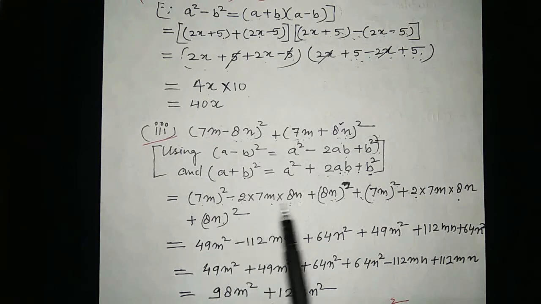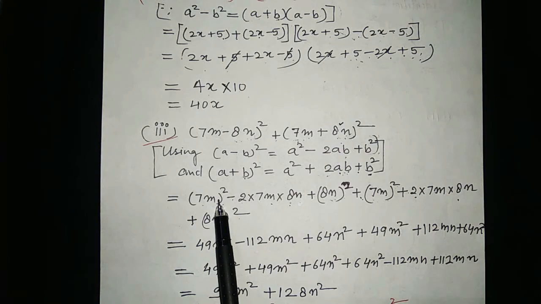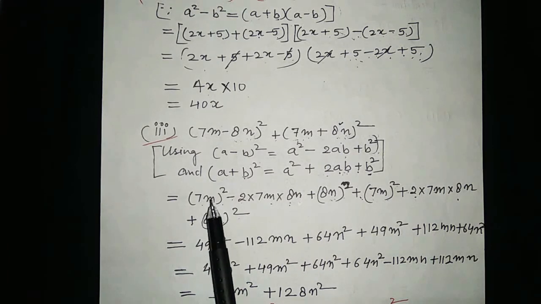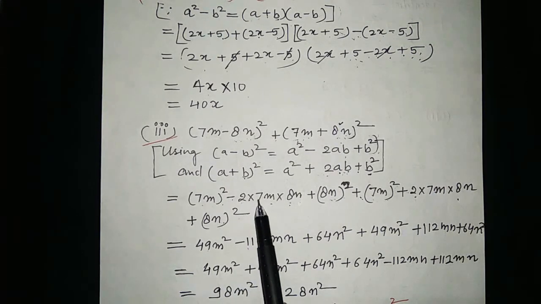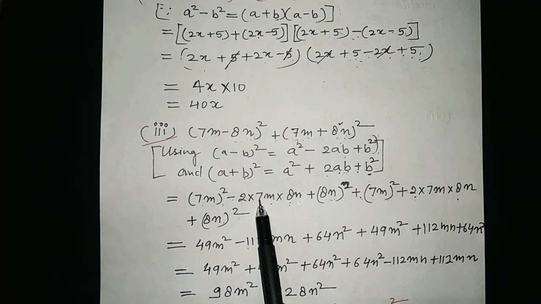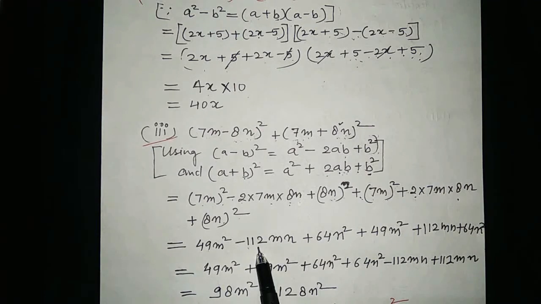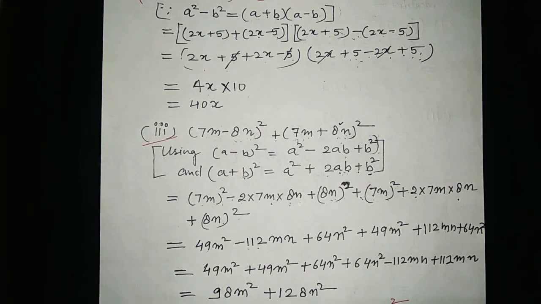Now we will simplify this step. For (7m) whole square, you know what you will do here? 7 square m square, and for 7 square you will write 49 and this m square. Now this minus sign we will write, 2 7s are 14 and 14 8s are 112, and m into n is what? mn you will write.